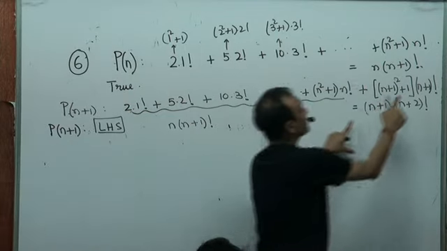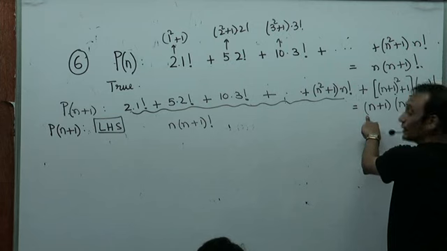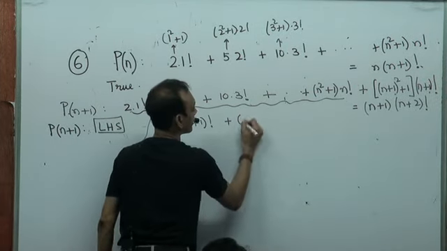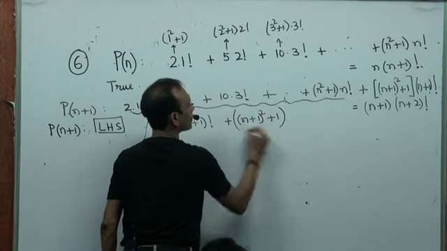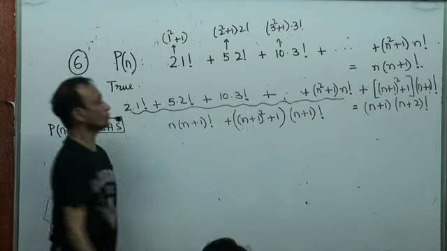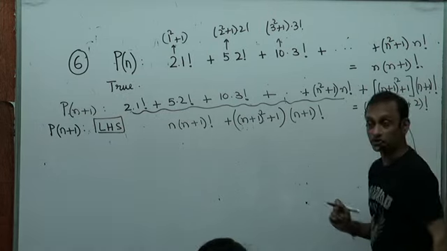And then there is this last term, n plus 1 whole squared plus 1 into n plus 1 factorial. Yes or no? We want to show that this is equal to n plus 1 into n plus 2 factorial.